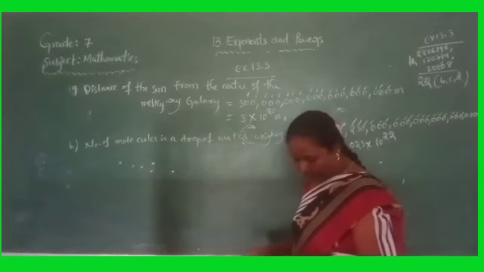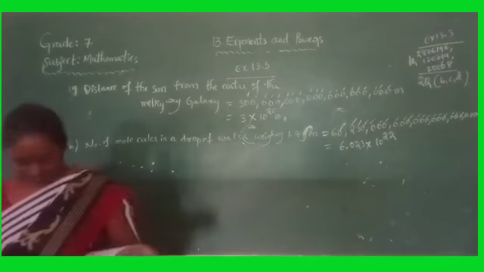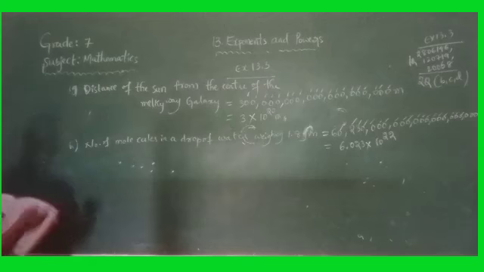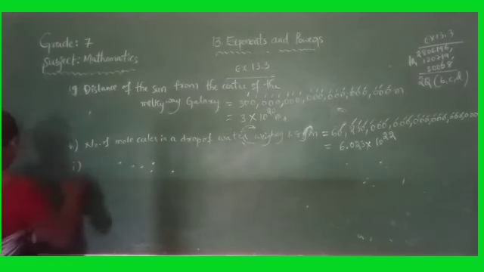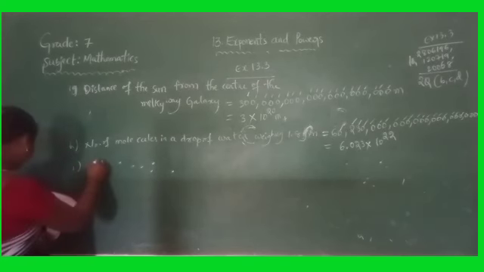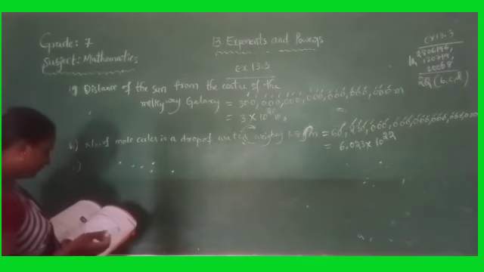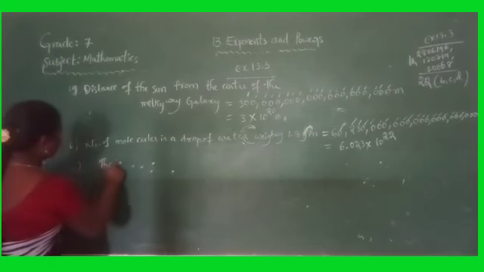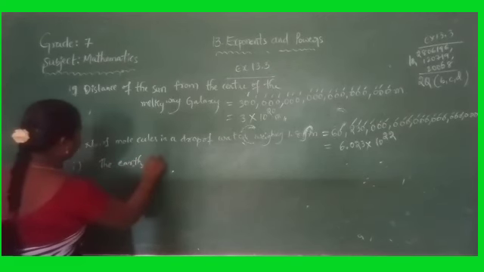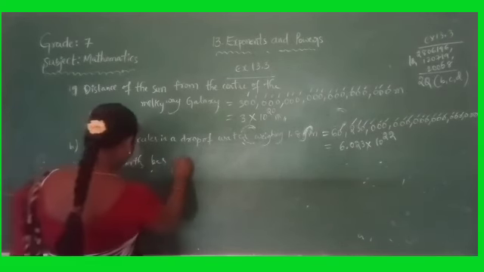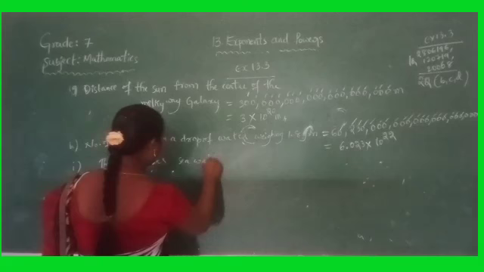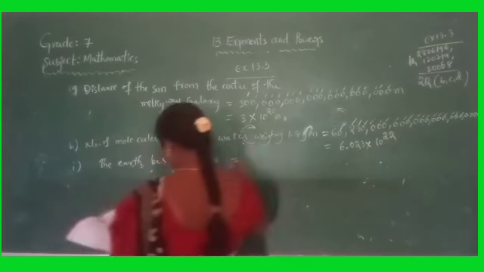Okay children. So remaining I, J problems are there. So that one also I will explain now. The earth has some cubic kilometers of sea water. So the earth has sea water. How many cubic kilometers?